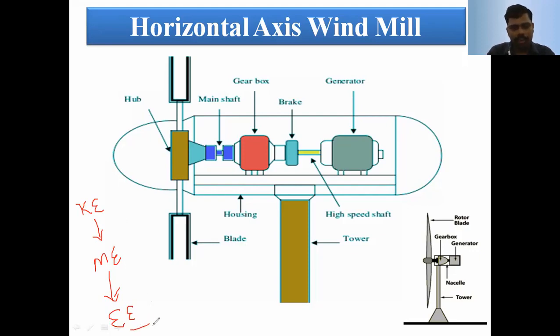Here, the output of the wind turbine is AC. The kinetic energy is half rho A V cube.